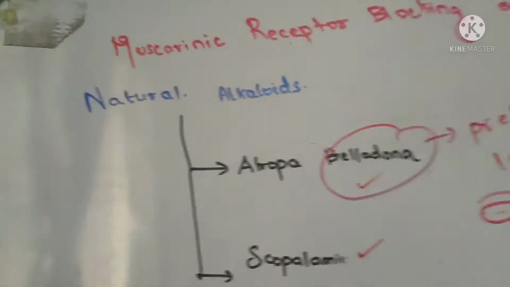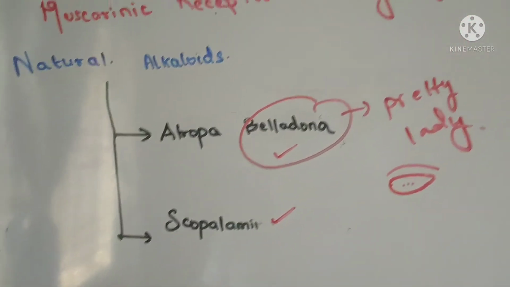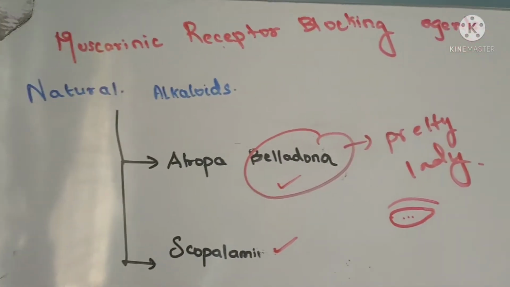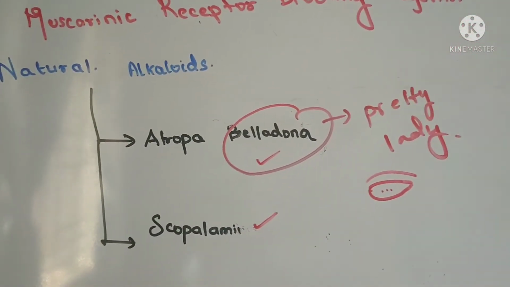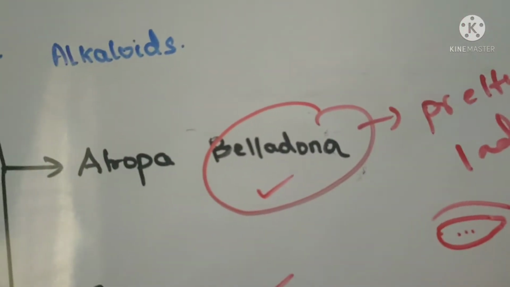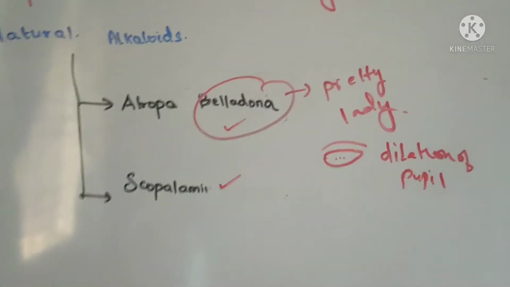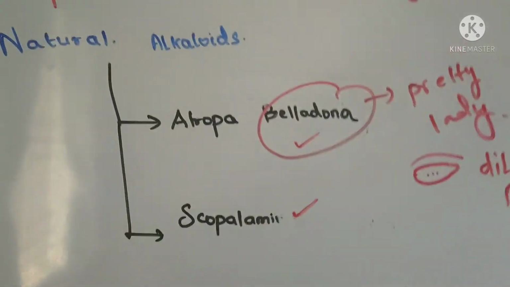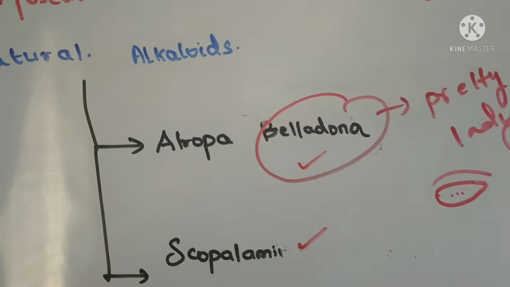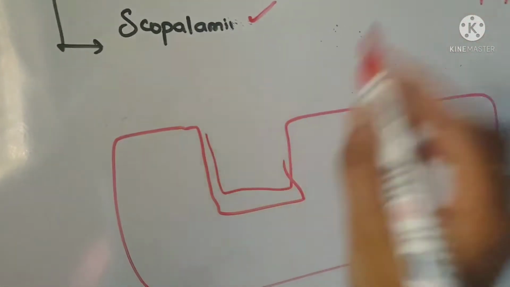As you know, the muscarinic receptor's function in the pupil is to constrict it. Since atropine blocks the muscarinic receptor, it dilates the pupil and makes the eye bigger. So dilation of the pupil is the key fact here. This is how it acts. On the receptor, there occurs a competitive antagonism.